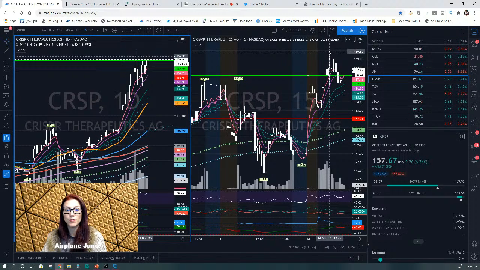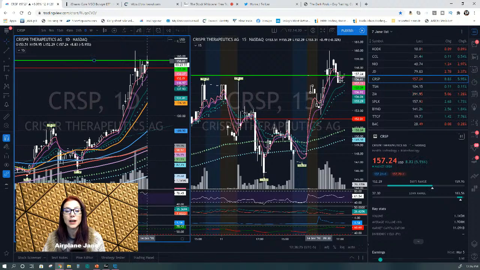So awesome for if anybody was able to trade above. And you can see that this wick, it's really having trouble holding above 157. So I'm curious to see if we are able to stay above 157 or if it starts to somewhat implode and correct back down to roughly 110 on CRISPR.